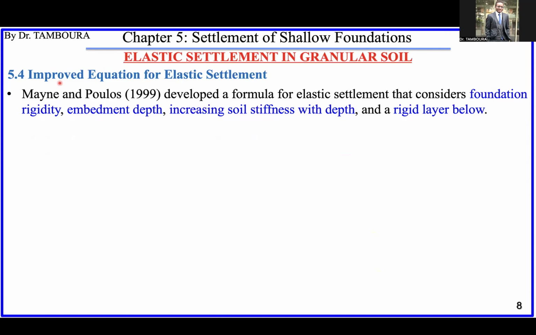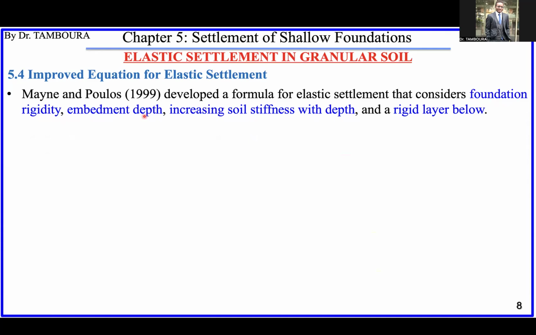Okay, so in 1999, these people developed an equation for elastic settlement to consider the following things: the foundation rigidity. Because if you remember in the previous lesson, we talked about flexible and rigid foundations. So the rigidity of the foundation is considered in the new formula.